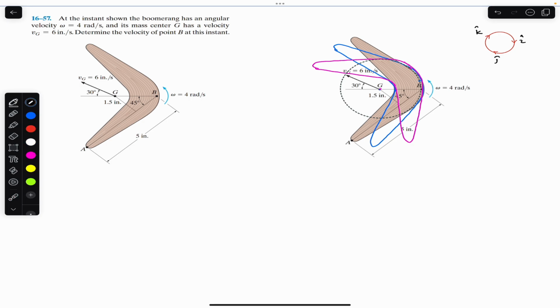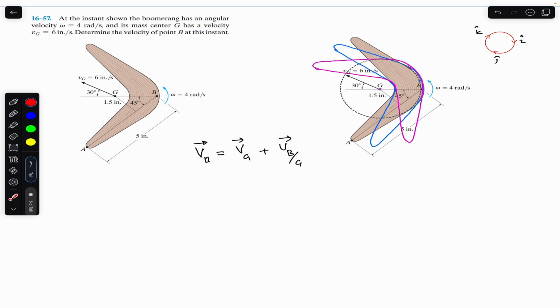So since it's a problem related to relative motion, we can write VB, the velocity of B vector, will be equal to the velocity of G plus the velocity of B relative to G. Always remember that this G will always come in the denominator here.